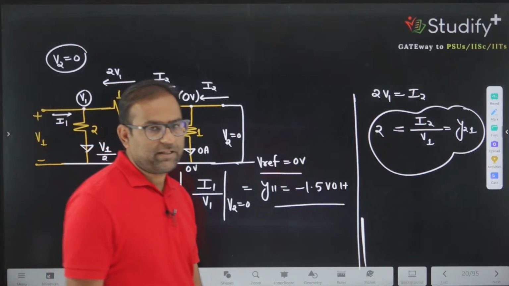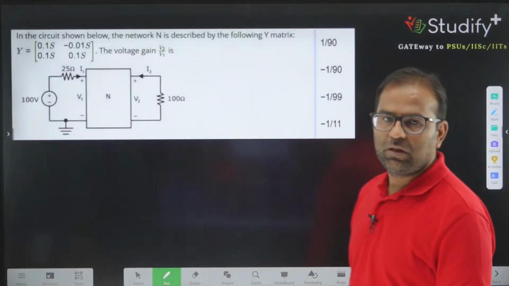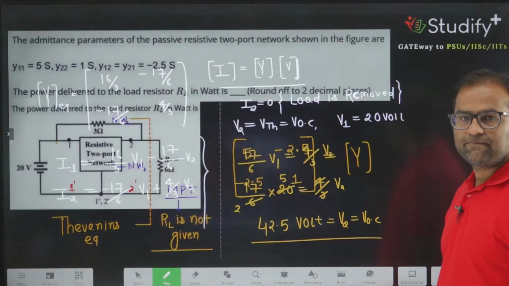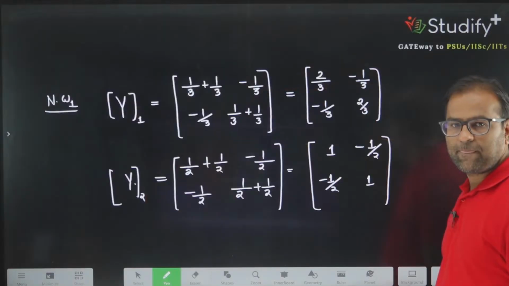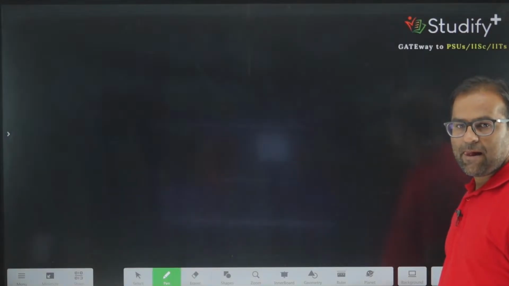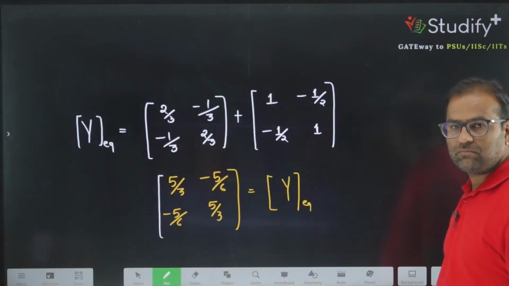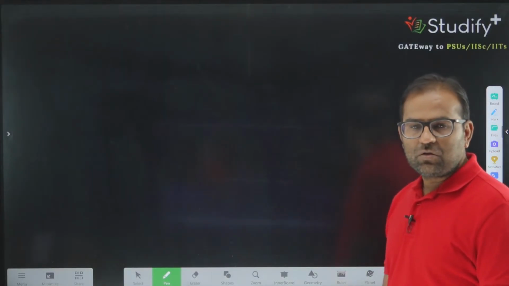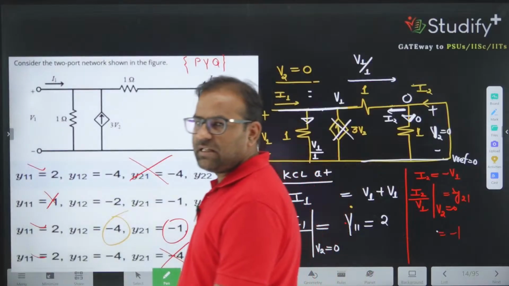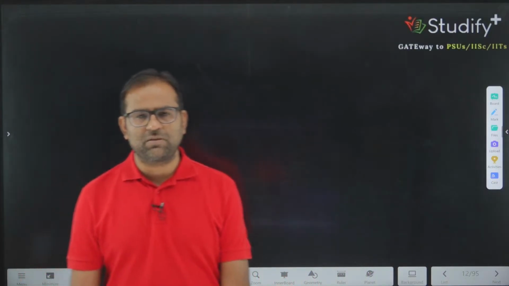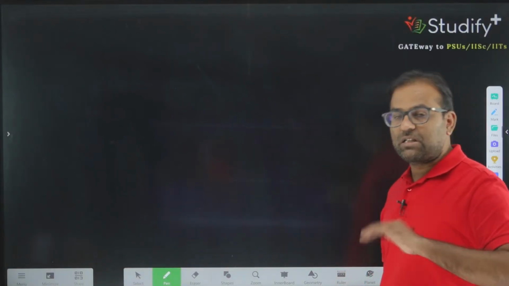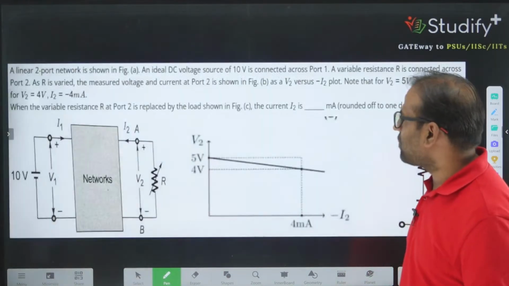I hope this is clear. So these are questions in all varieties: when we have independent sources, when we have a resistive network, or when we have dependent sources.